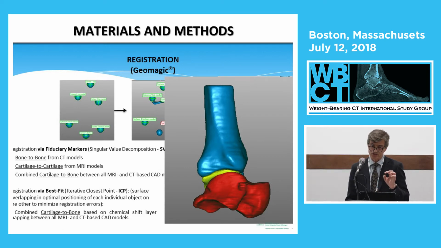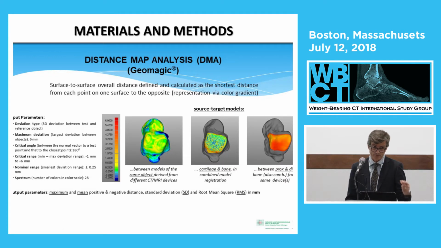That has taken us to reconstruct not only the bones implied, but also the level of cartilage in between. Of course, we were not able to distinguish those of the tibia and those on the talus, but at least the entire cartilage in between was characterized. Distance map, we have used these to characterize the quality of these images.